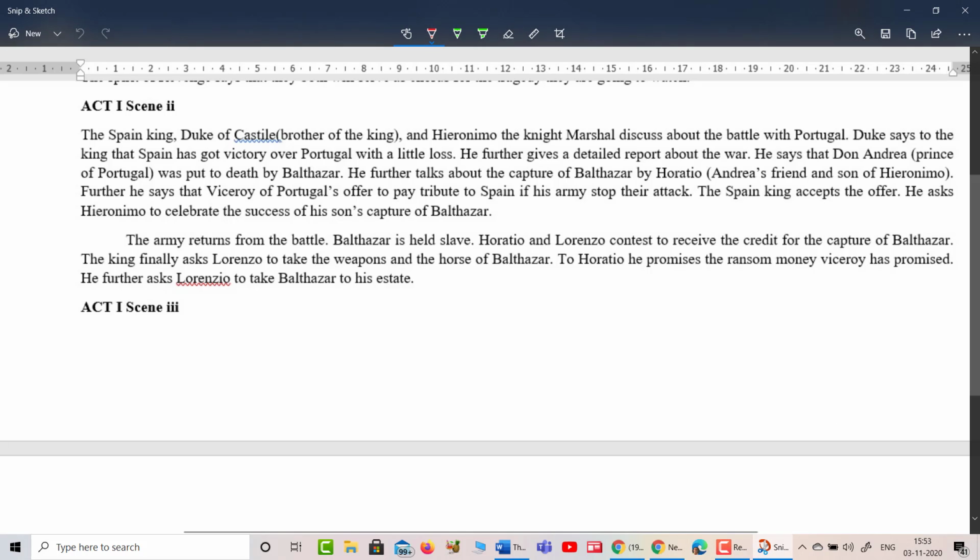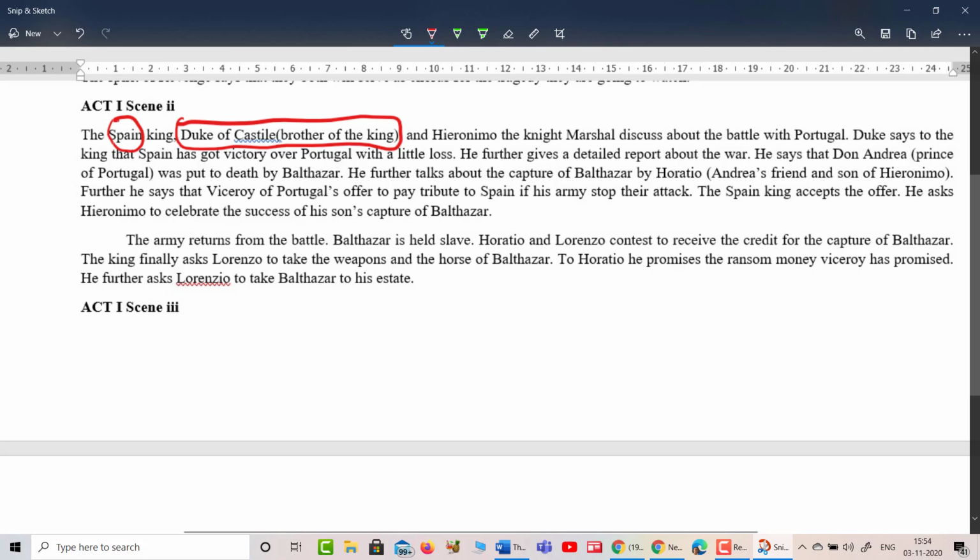Act 1, Scene 2 opens in Spain. Duke of Castile is the brother of the King, and he is the Duke of Castile.